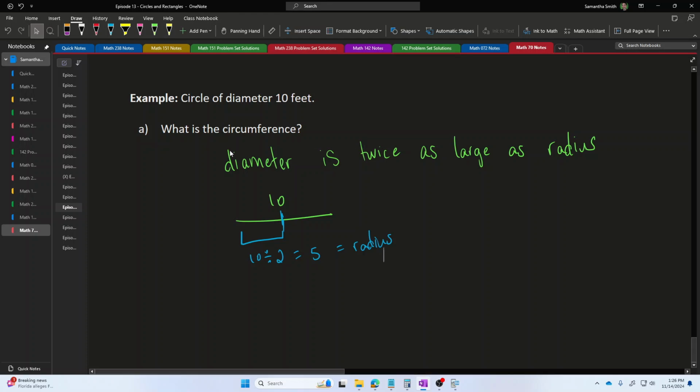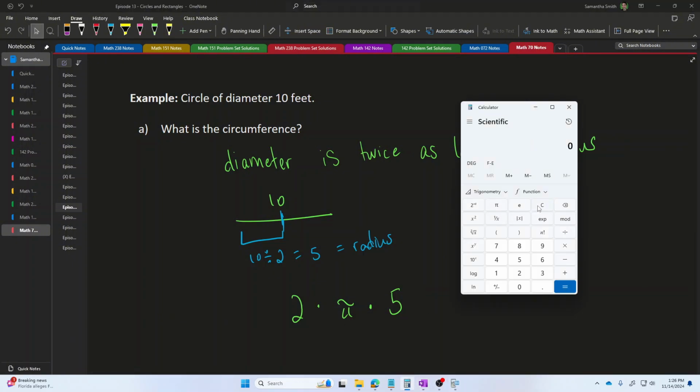And so if I wanted to find the circumference of this circle, then all I would have to do is take 2 times pi times 5, 2 times pi times my radius, which in a calculator would be about 31.4 feet.